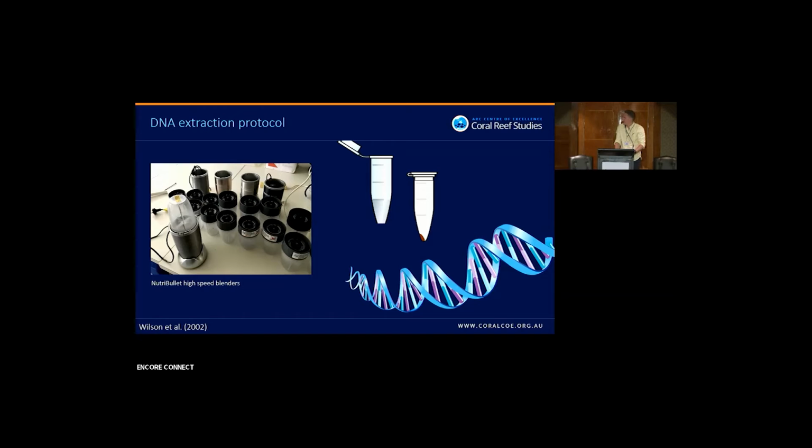So all the collected material was stored in ethanol, and then later we drain it and vacuum freeze-dry it and use these NutriBullet high-speed blenders to homogenize the sample, and then we subsample the homogenized sample material and use a modified version of the Wayne's extraction method to extract the DNA from the smaller subsamples.